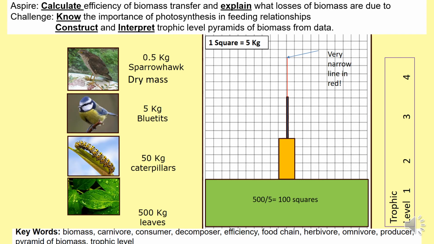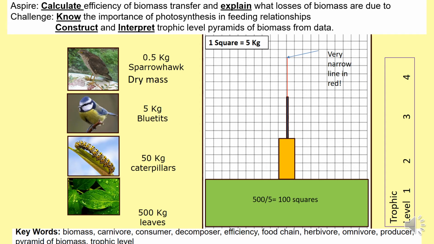So you'll notice how I've constructed it. I've lined it up so that we end up with as much of a pyramid shape as possible, because this is a pyramid of biomass.